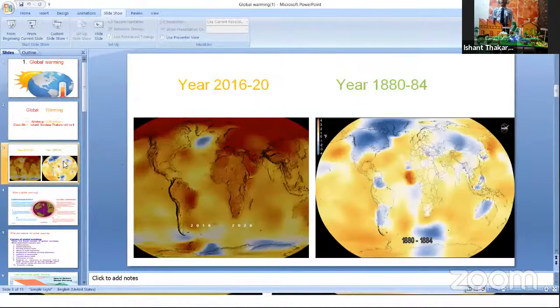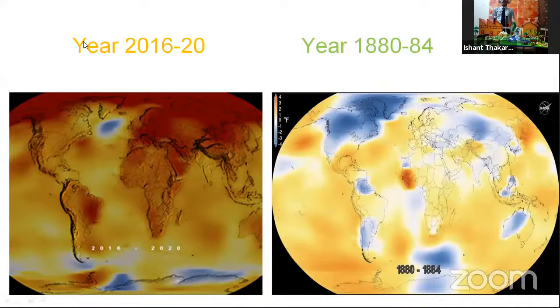So I am going to share with you some information about it. So here you can see the years 1880 to 1884. Here you can see how many cold regions there are. Only a little bit of hot regions. But in the years 2016 to 2020, oh no, how many hot regions there are! Only 4 to 5 cold regions. Next slide, please.